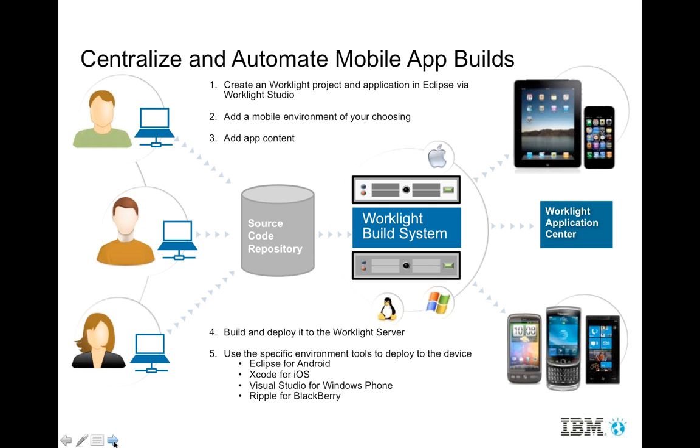And you can actually see to the right there's the Worklight Application Center, which gets into some of the deployment as well. But we can have, as part of our automated build, the applications actually uploaded to an application center as well. And so immediately accessible via our test community. They could have access to the latest builds and all that kind of good stuff as well.